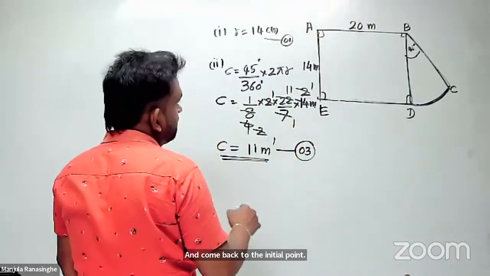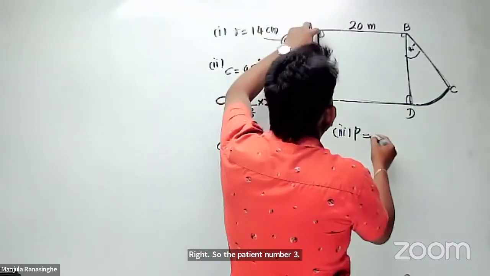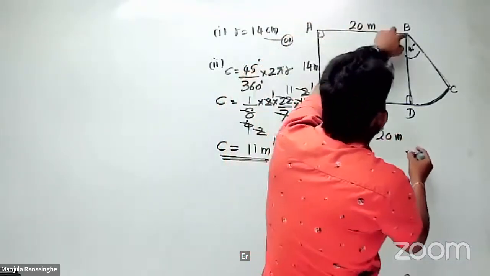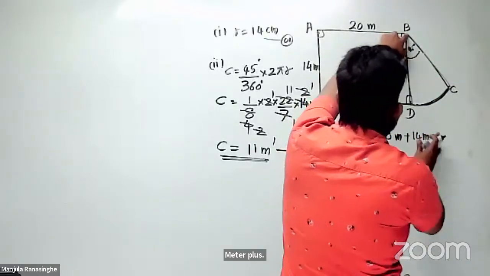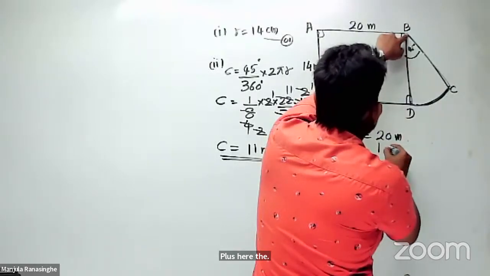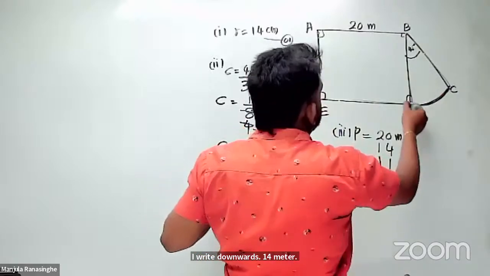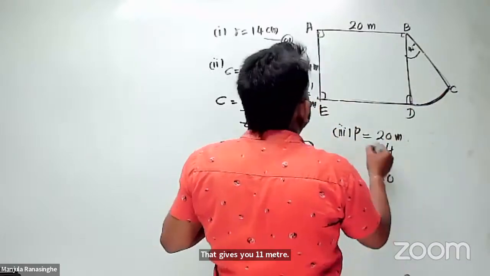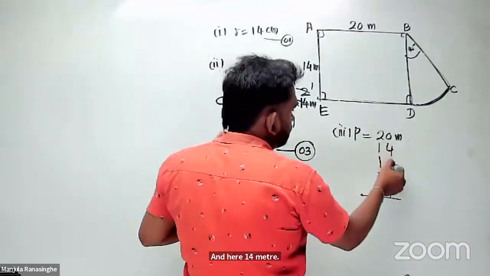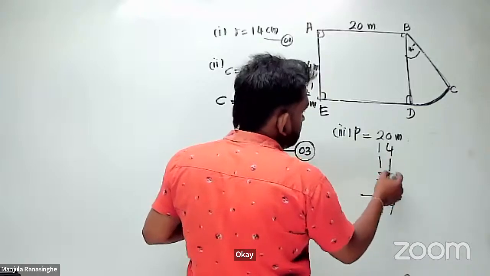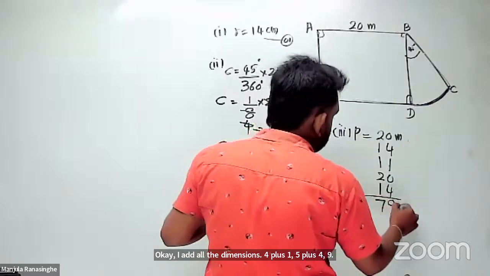Right. So the question number 3. Perimeter equals the sum of all the lengths: starting here 20 meters, plus the radius 14 meters, plus here downwards 14 meters, and then the arc length that gives you 11 meters, and here 20 meters, and here 14 meters. Adding all the dimensions gives 79 meters.